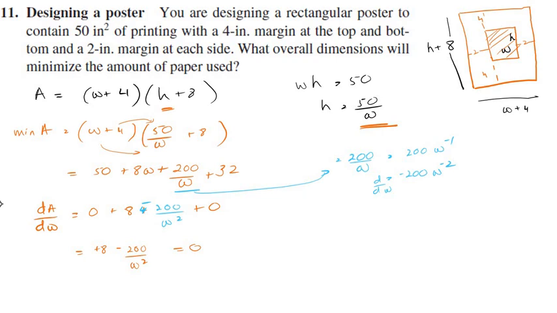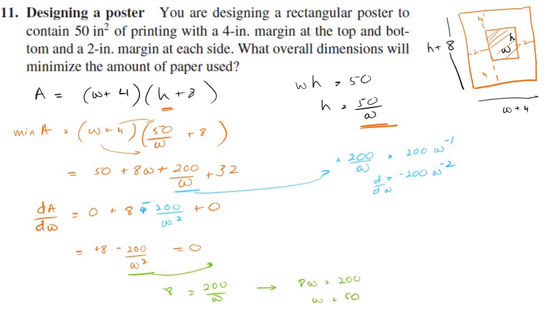So we take this part to the other side, then we have 200 over W squared equals 8. Then 8W squared equals 200 and W is equal to 50.